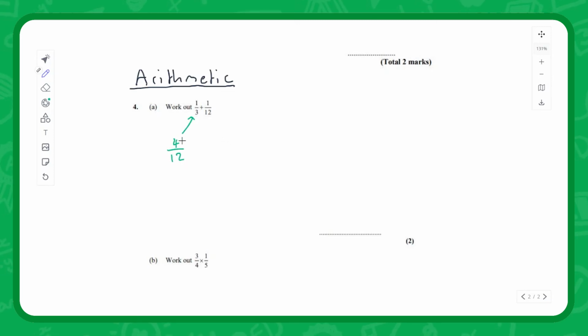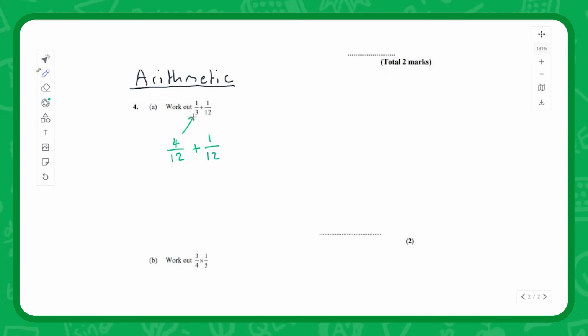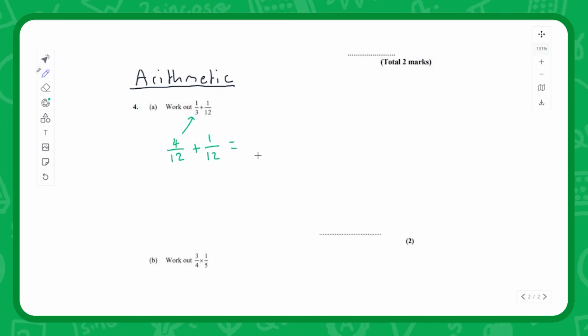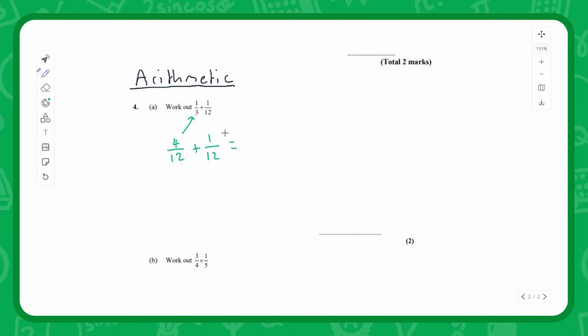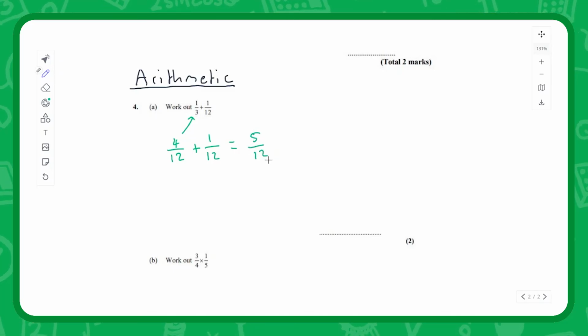And all of a sudden we've got our two same denominators. Yeah, we could have done the old method. We would have ended up with 12 over 36 plus 3 over 36. But it's just slightly quicker this way. And 4/12 plus 1/12 is going to give us 5/12.